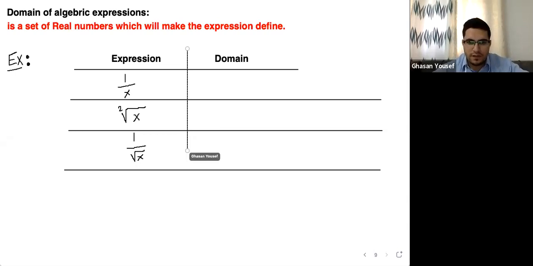For the first expression, who will give me the domain? What set can I plug inside this expression that keeps the expression well defined? I think anything greater than 0. Let's check. Can I plug in any positive numbers, like 1, 2, 3, 4, 5, 7, 8?